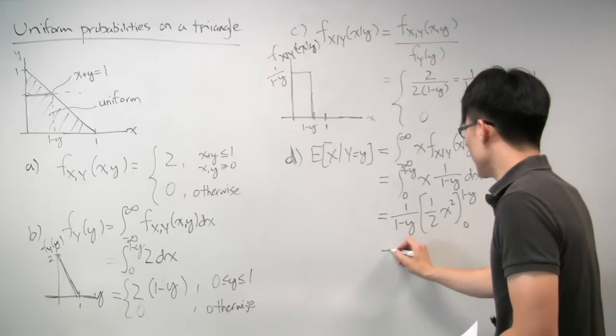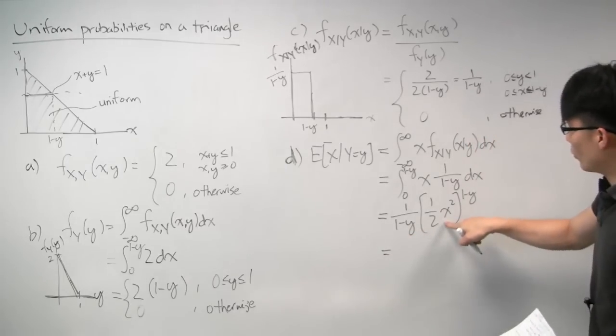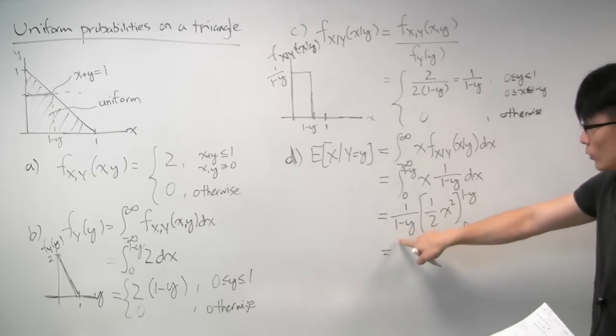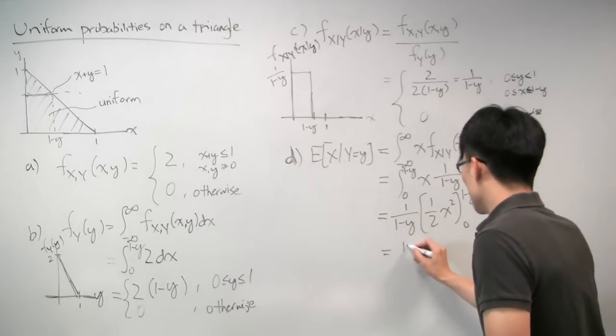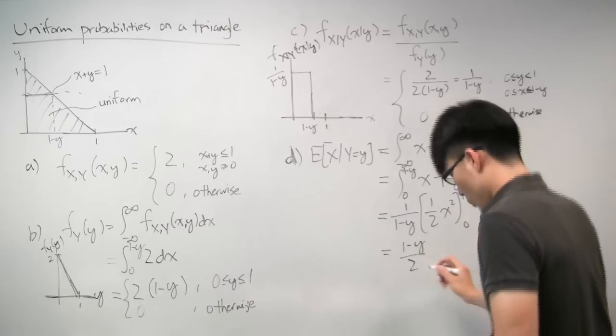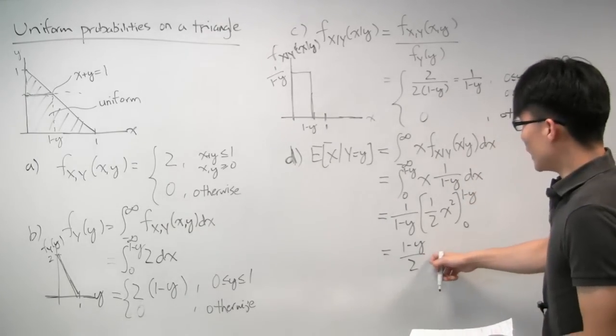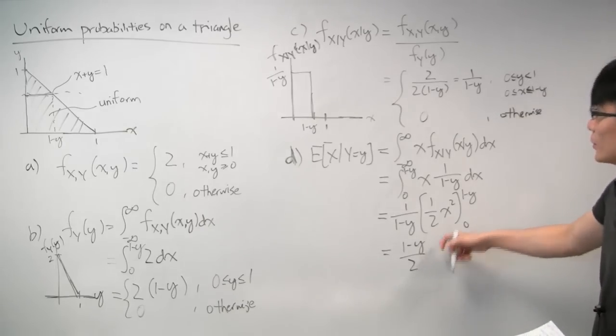And so when you plug in the limits, you'll get a 1 minus y squared. That'll cancel out the 1 over 1 minus y. And what you're left with is just 1 minus y over 2. All right, and again, we have to specify that this is only true for y between 0 and 1.